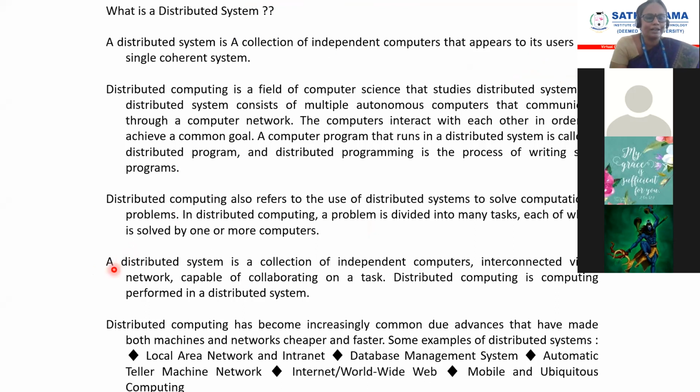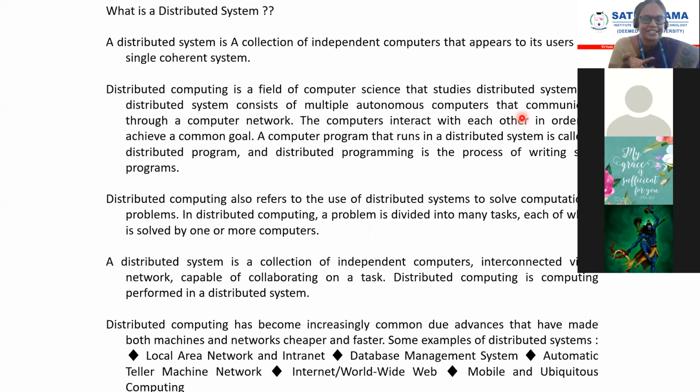Now they have given the definition for a distributed system. What is a distributed system? A collection of independent computers that appears to be used as a single coherent system. In our computer field, we always focus on distributed systems because we have multiple autonomous computers that communicate through a network.